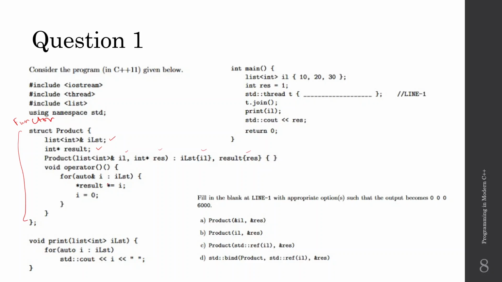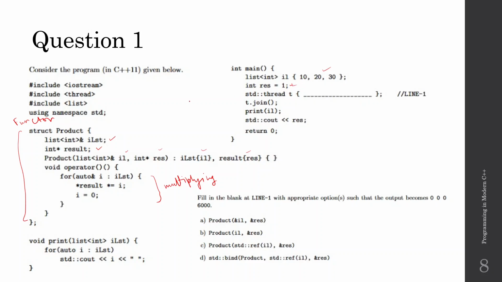And then in the call operator we are basically multiplying all the elements of the list, as shown. Then we have another function which prints an integer list, okay. Then we create the main function where we have an integer list like this, and we create a result variable.